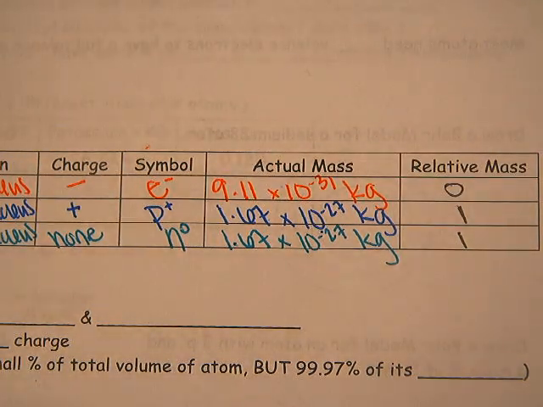So we pretend that the electron has no mass at all. Even though we know it technically does, we act as though it doesn't. Good?